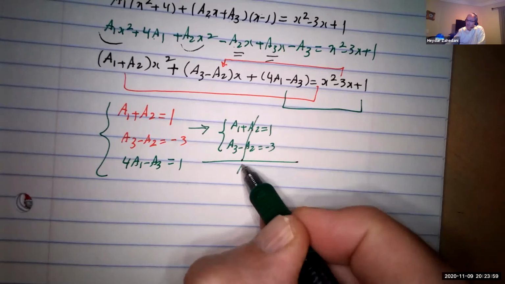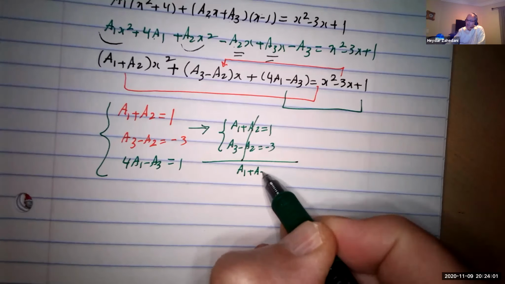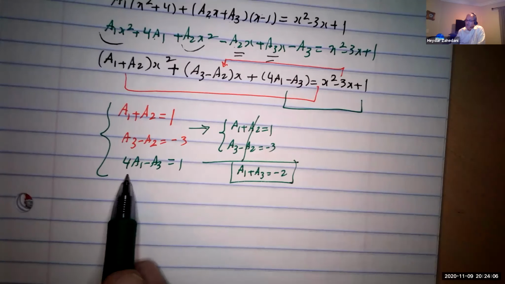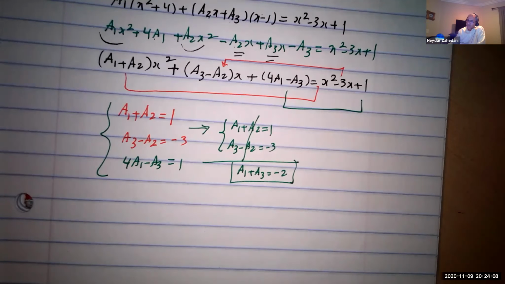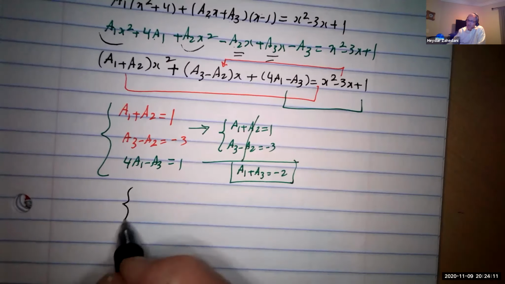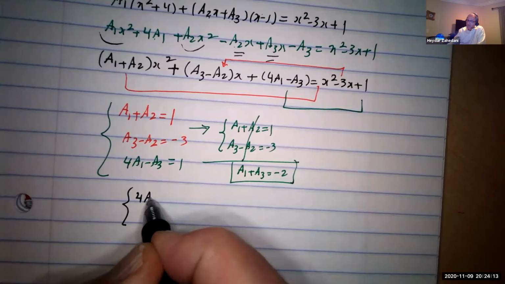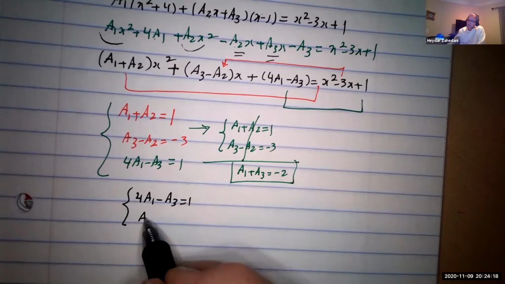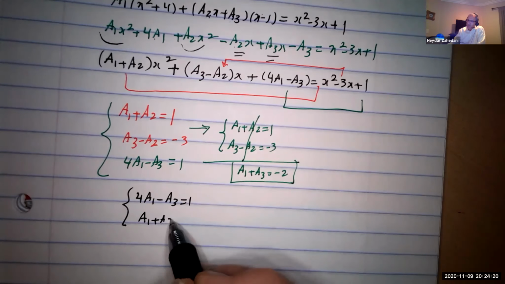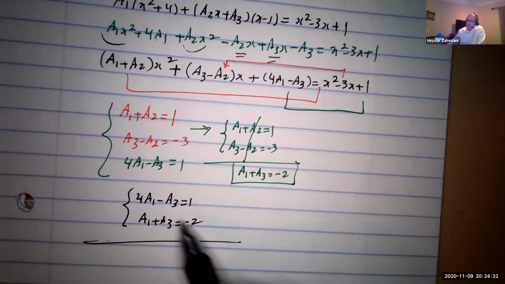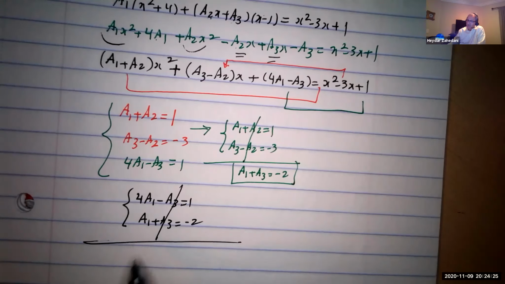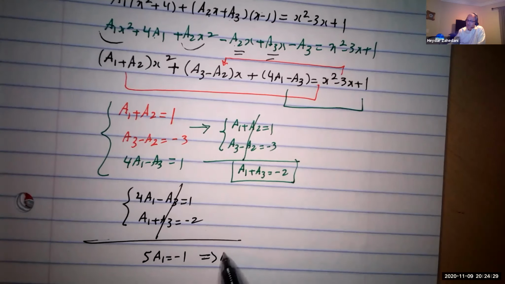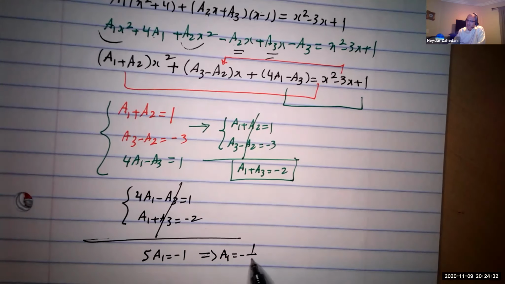So that gives a1 plus a3 equal to negative 2. So consider these two together: 4a1 minus a3 equal to 1, and a1 plus a3 equal to negative 2. Now add them together, and a3 would cancel out. So that gives you 5a1 equal to negative 1. So a1 would be negative 1/5.